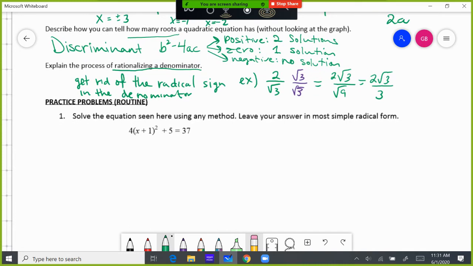Here are some practice problems. Solve the equation seen here using any method. Leave your answers in the most simple radical form. So this one you could solve by inverse operations. So we're going to subtract 5 from both sides.